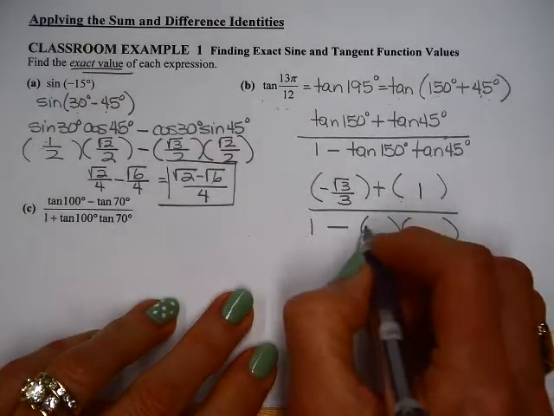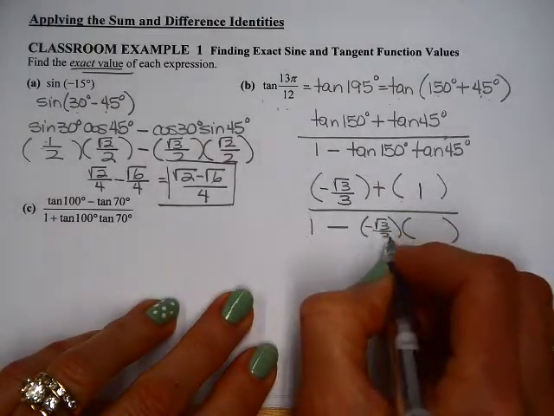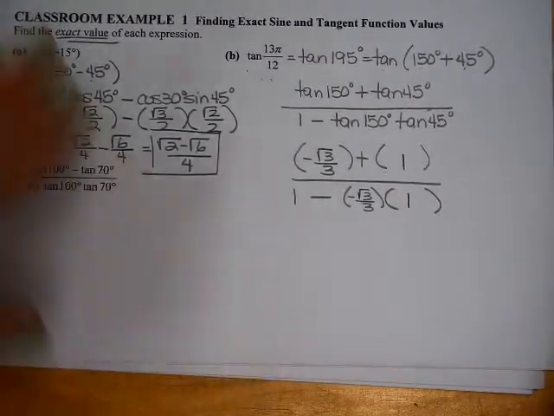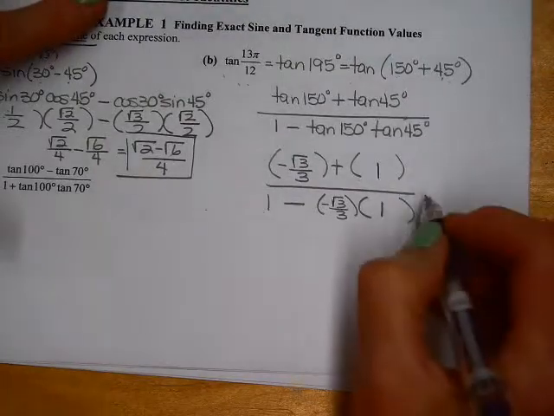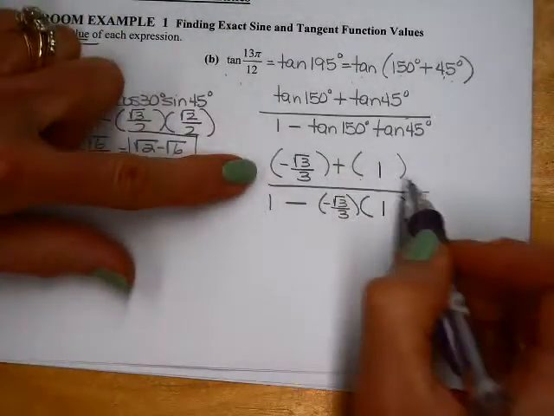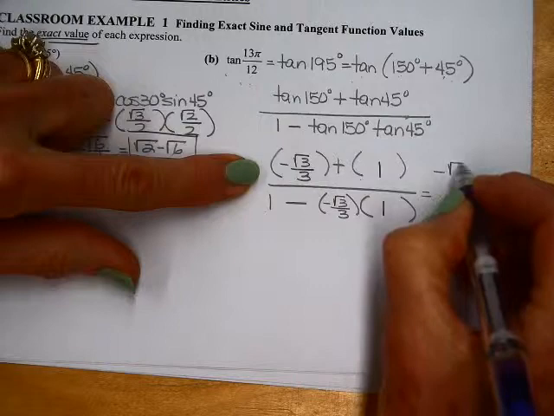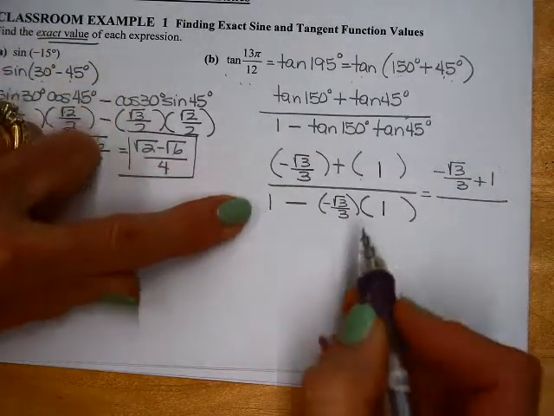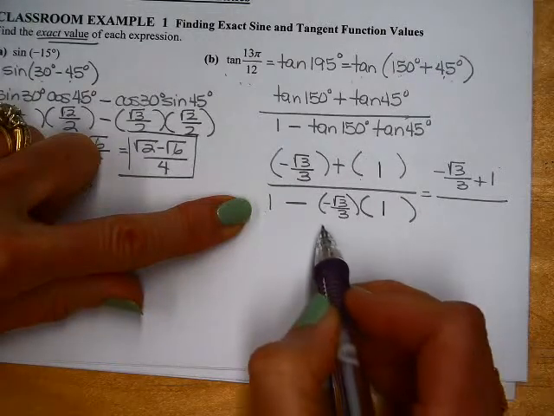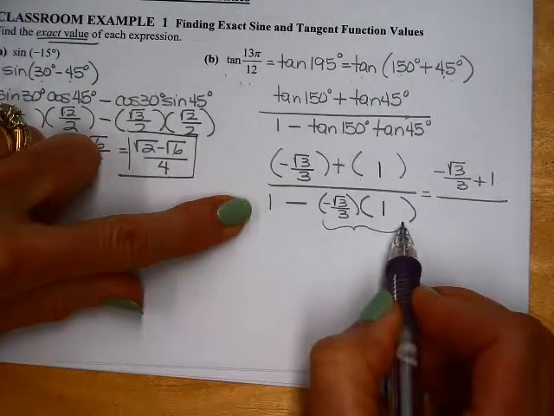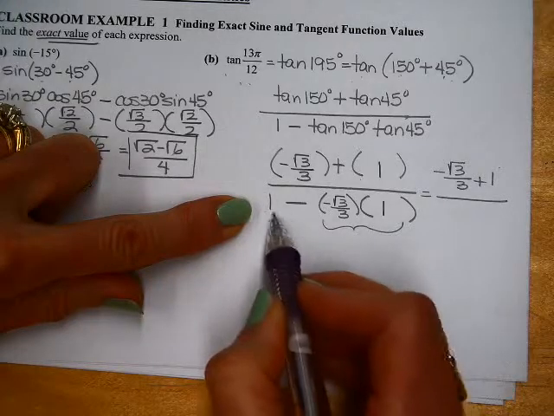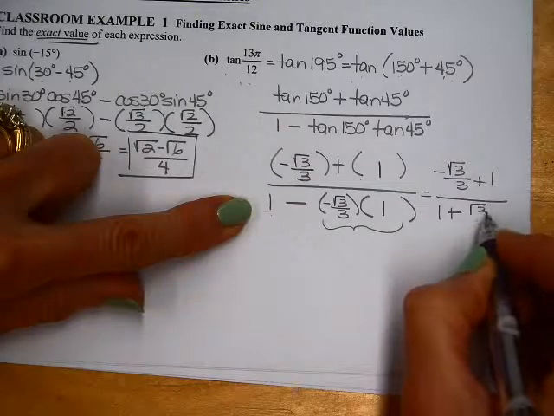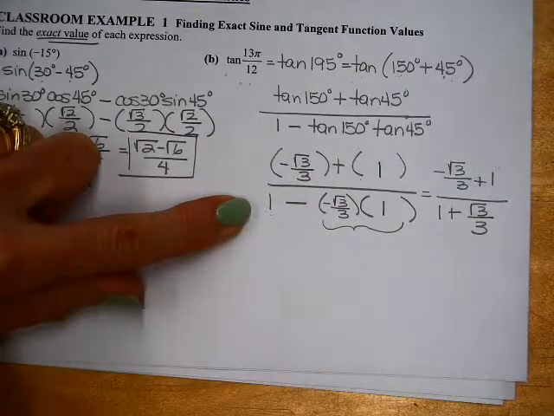And the same thing goes here, negative square root of 3 over 3 and a 1. When I drop my parentheses, I have negative square root of 3 over 3 plus 1. On the bottom, the order of operations, multiply these two first, and then it's going to be 1 plus the square root of 3 over 3.